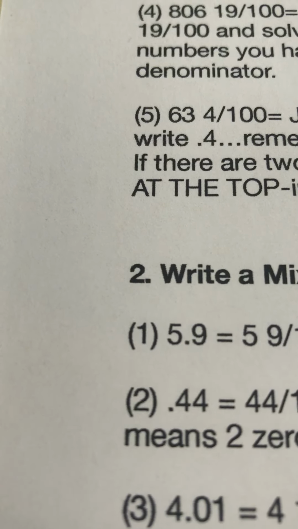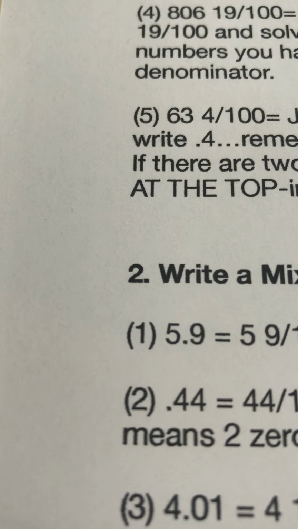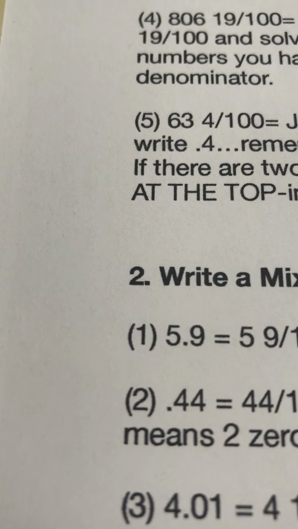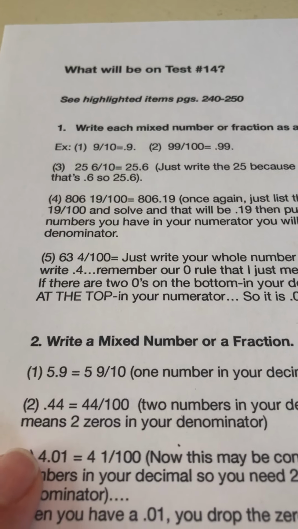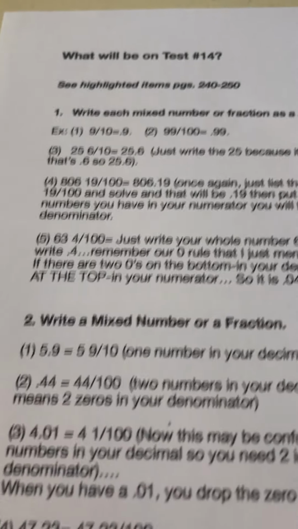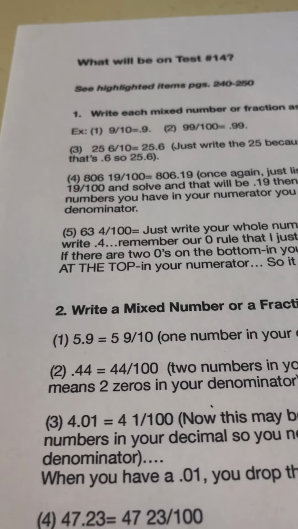The 0.44 is your decimal. The 44 in your numerator is what I'm referring to as the 2 numbers, which means 2 zeros in your denominator. Okay, I think that's clear to you guys anyway.